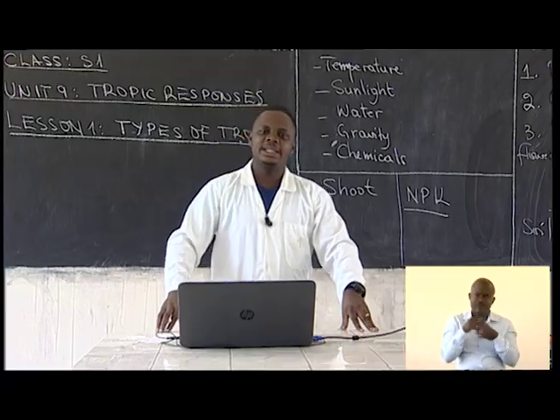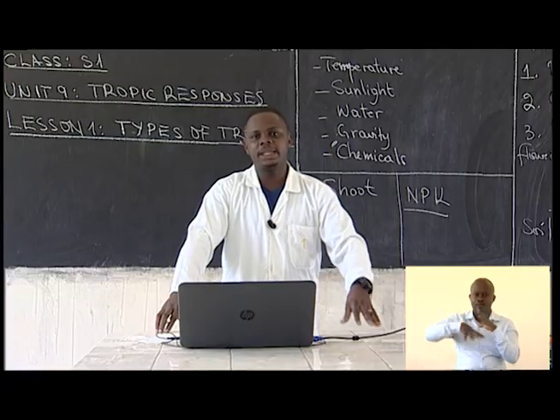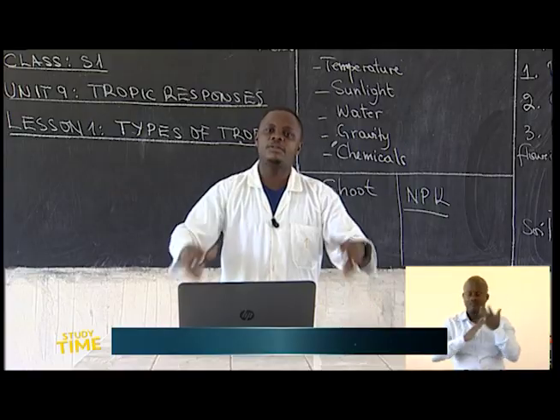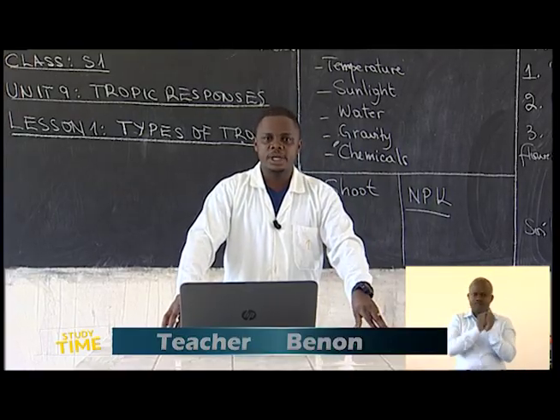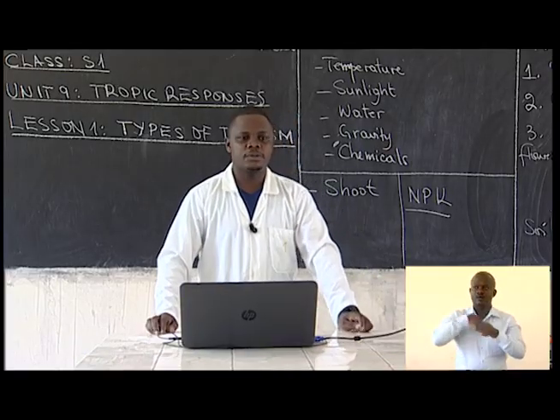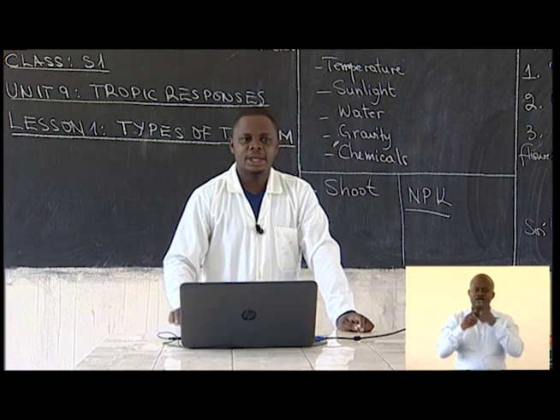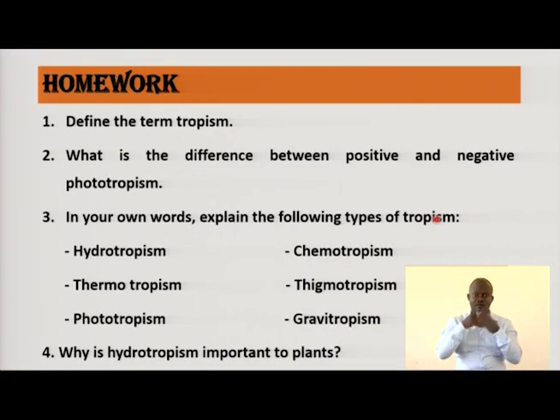These are needed in different functions of plants, like they are needed in the formation of proteins to prevent some diseases and for proper growth, and so they can be absorbed by roots. So that is what we call positive chemotropism. So, dear students, you can see these plants can also be exposed to chemicals, and this is very important in pollination.